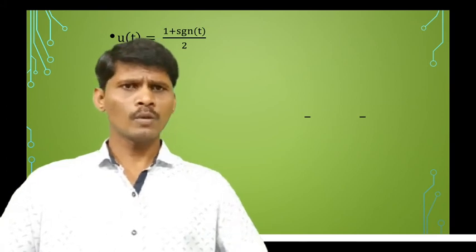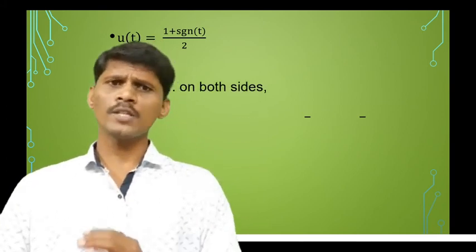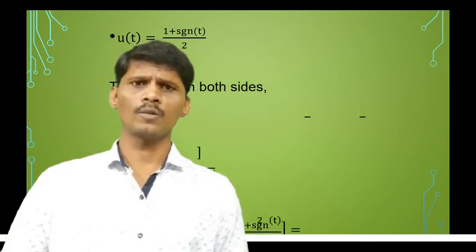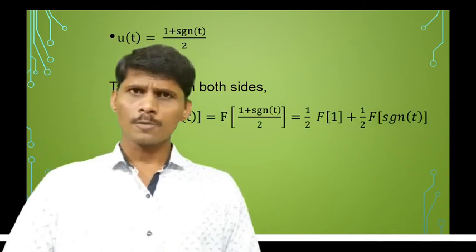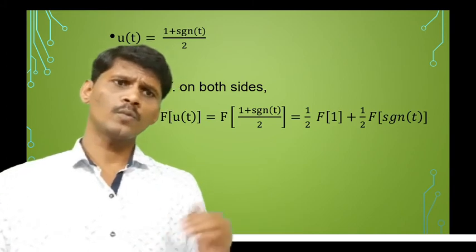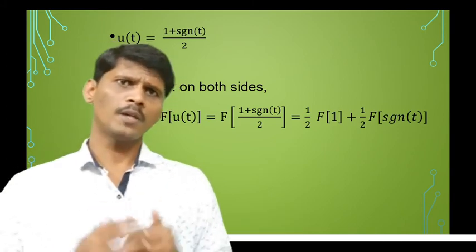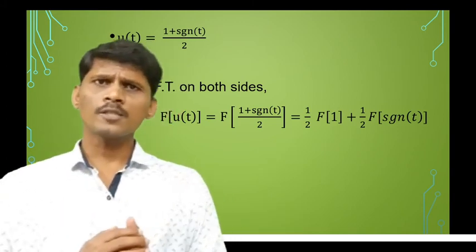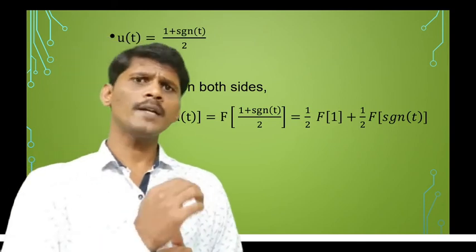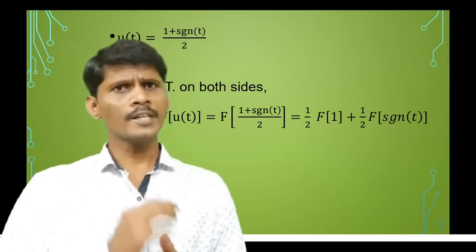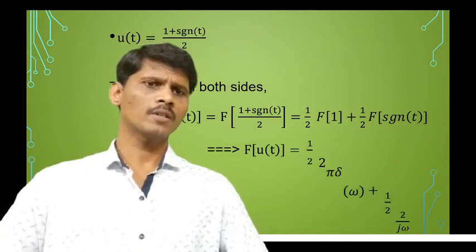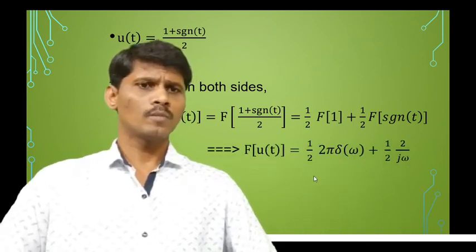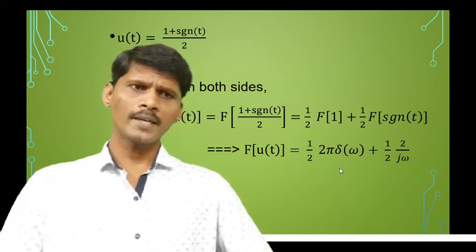The Fourier transform of u of t is equal to 1 by 2 into the Fourier transform of 1, plus 1 by 2 into the Fourier transform of signum of t. What is the Fourier transform of the constant function? 2 pi del of omega, as discussed in previous classes. So the Fourier transform of 1 is 2 pi del of omega.